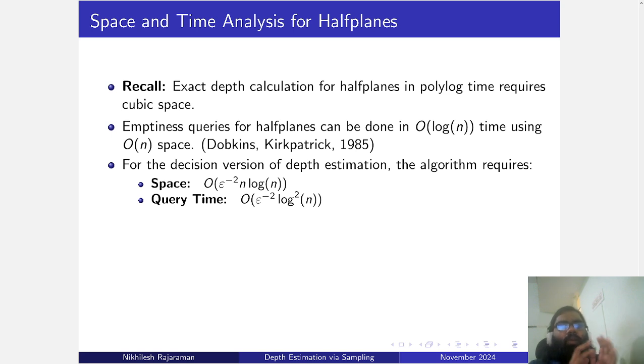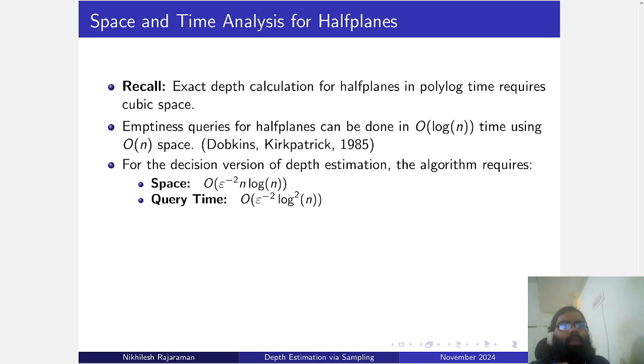First of all, let's look at the decision version. Every emptiness data structure, as mentioned just above, takes linear space, and our algorithm generates m different data structures, where m we calculated to be order log n by epsilon squared. So the total amount of space that we need is just n times log n by epsilon squared.